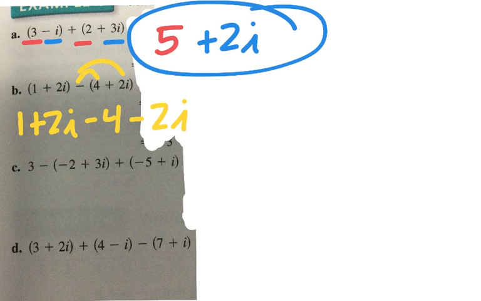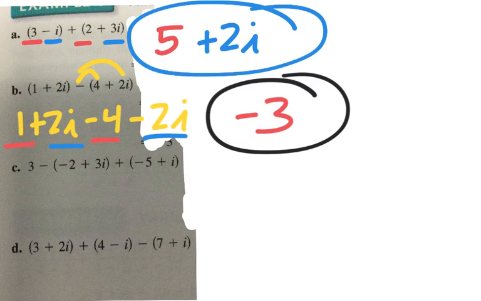Now when we group those, 1 minus 4 is negative 3. 2i minus 2i cancels. So that one, if you were asked to find the imaginary part, would be 0. Because 2i minus 2i canceled.